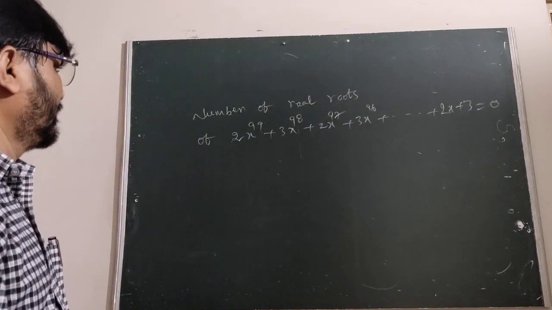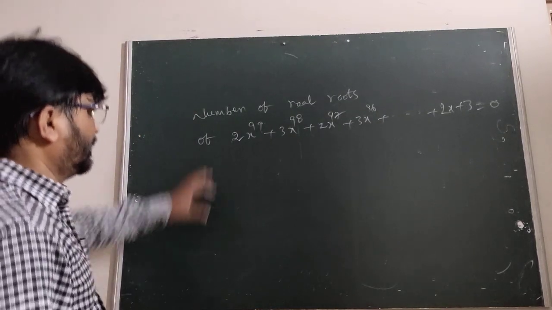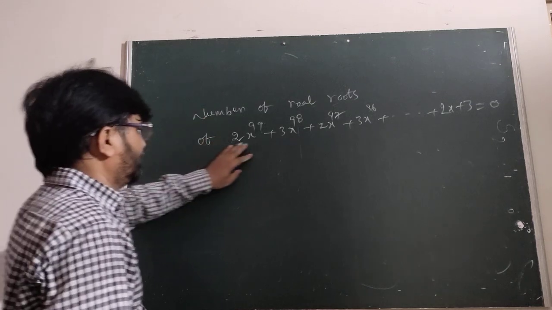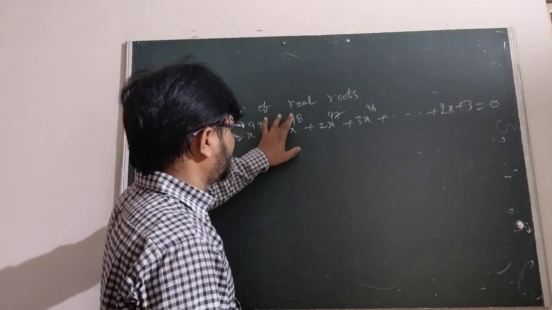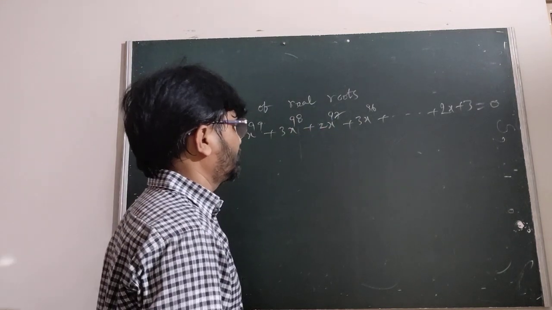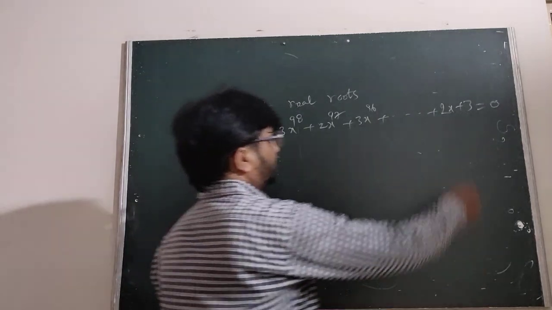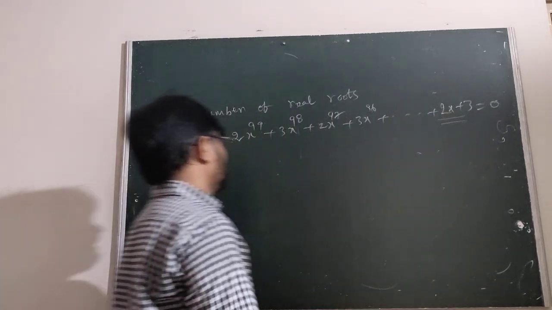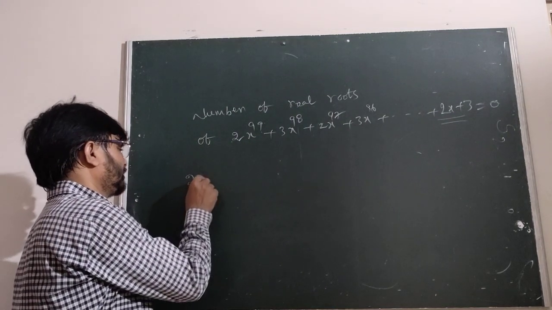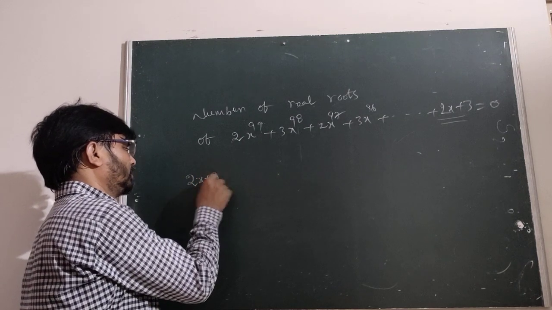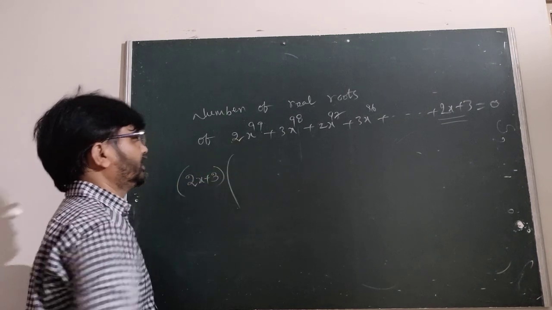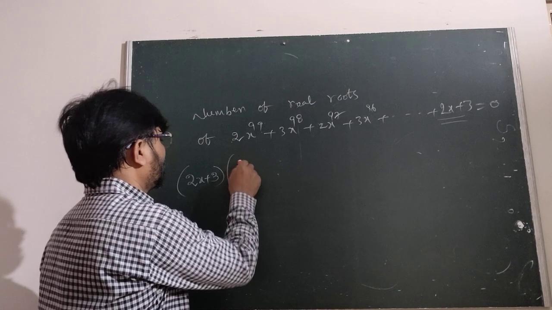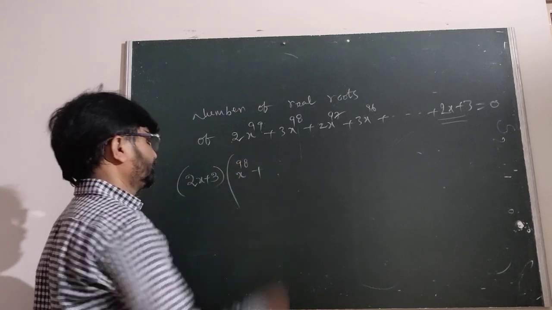The number of real roots of 2 into x power 99, 3 into x power 98, 2 into x power 97. Here the last term is 2x plus 3. Suppose we are taking here 2x plus 3, undoubtedly it is x power 98.